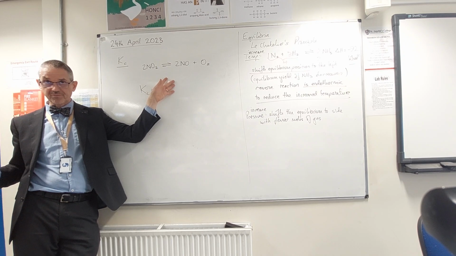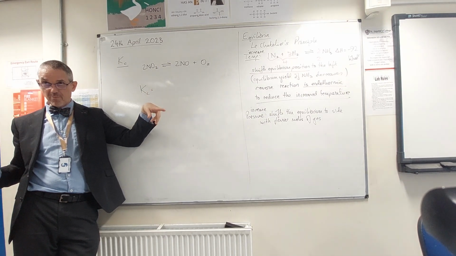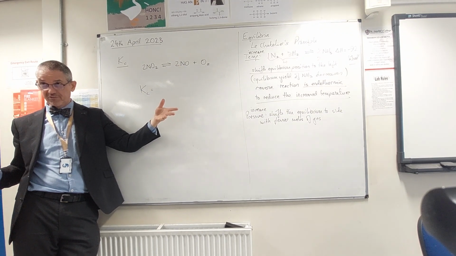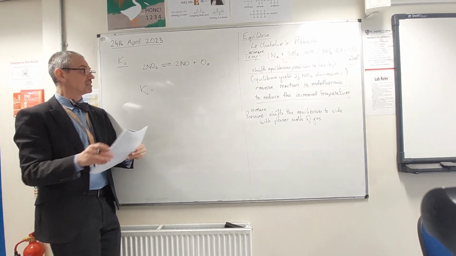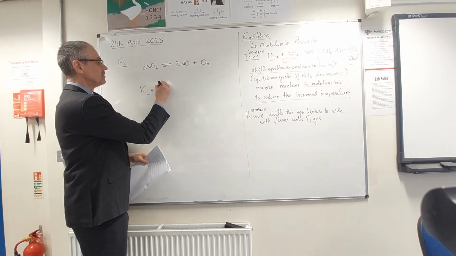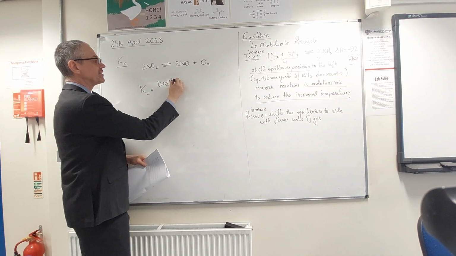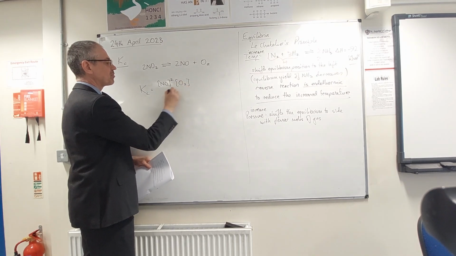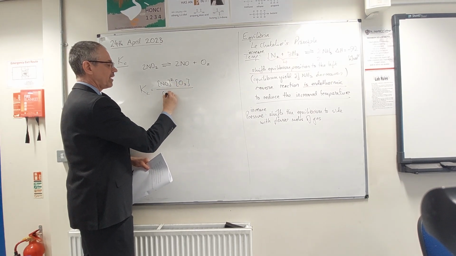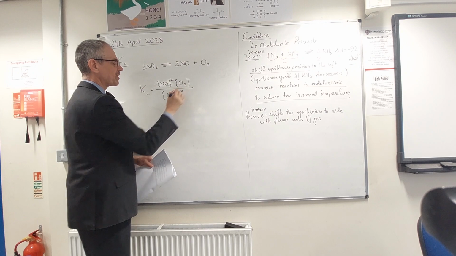We show concentration with square brackets, raised to the power of the balancing numbers. So square brackets around NO, and because it's 2NO, it's NO squared, multiplied by O2, and then NO2 squared would be on the bottom.